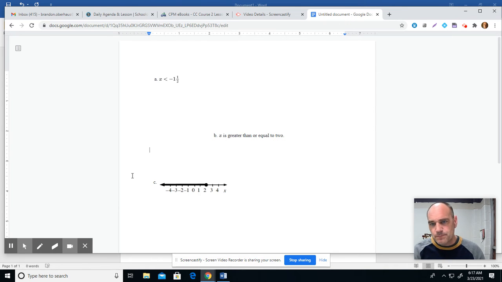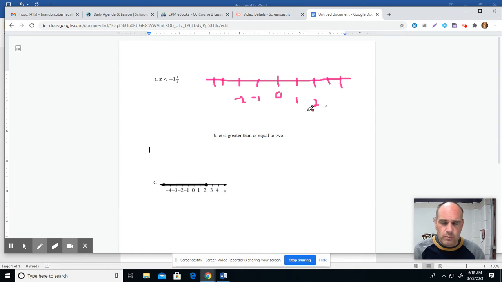So here is A. The first thing I'm going to do is graph it. When we're graphing an inequality, the first thing we do is draw a number line, put 0, and then give myself some numbers: -1, -2, -3, -4, and 1, 2, 3, and 4.